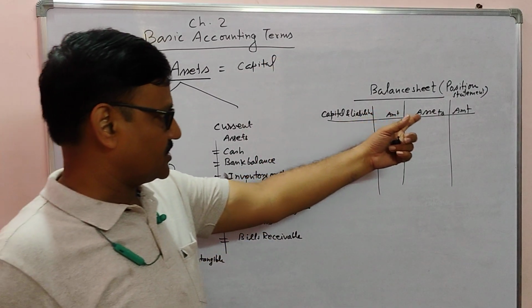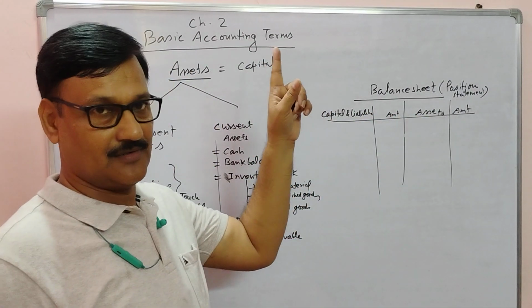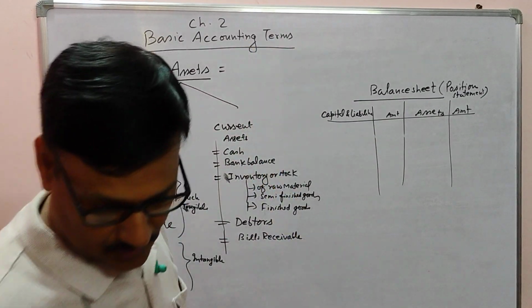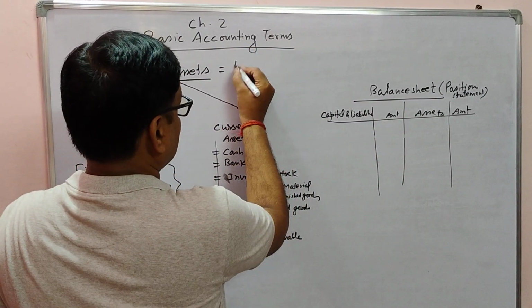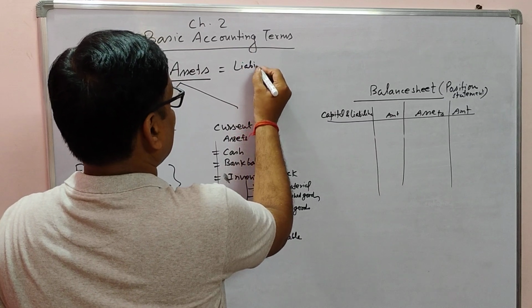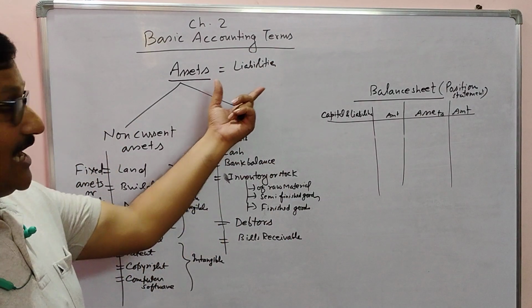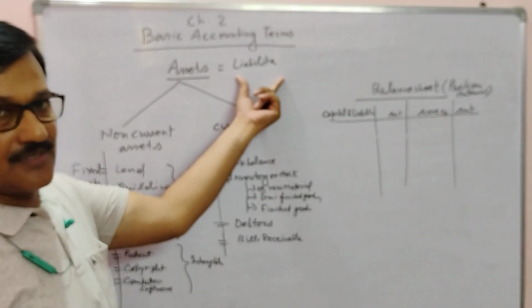This is the balance sheet. Asset is equal to capital. Not, this will be wrong. Asset is equal to liabilities, that I wanted to say. Yes, of course. Assets is equal to liabilities.